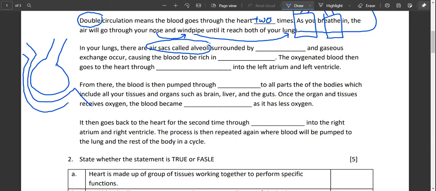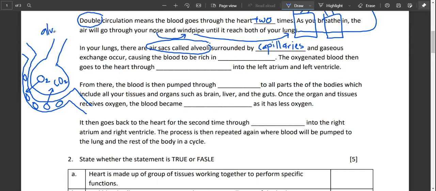We have done this before, so this is the air sacs in the lungs, and it is surrounded by blood vessels called capillaries. Many students answer oxygen, but oxygen is inside here. So oxygen will go out to the red blood cell, and at the same time red blood cell will give out carbon dioxide.